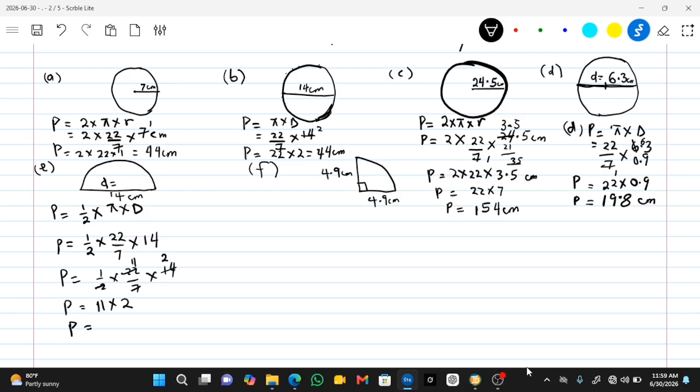Now here, this will give us 22 first. Not perimeter actually. Let me not write perimeter. This shouldn't be the perimeter. So let me erase all these parts. So I will rewrite it. Actually, this is what we are getting here. So I'll call it semi. This arc is semi.